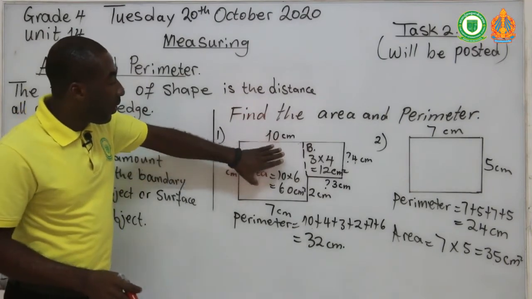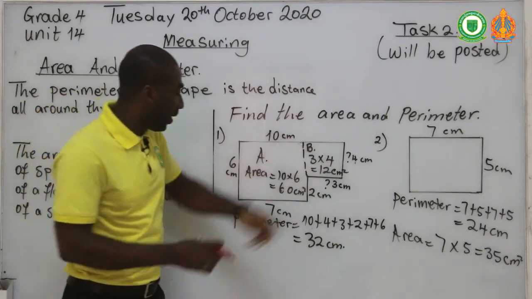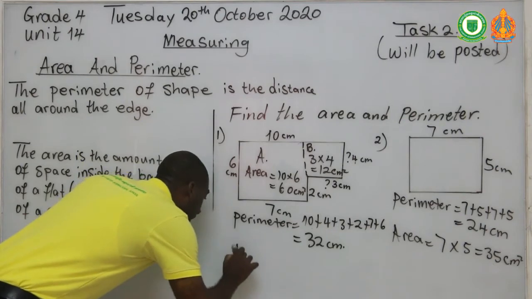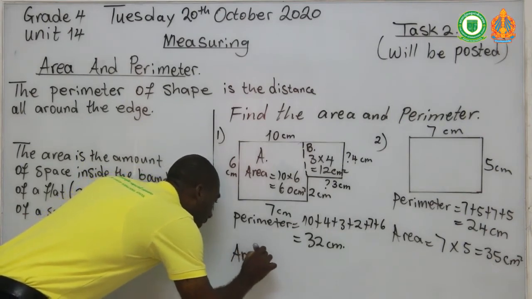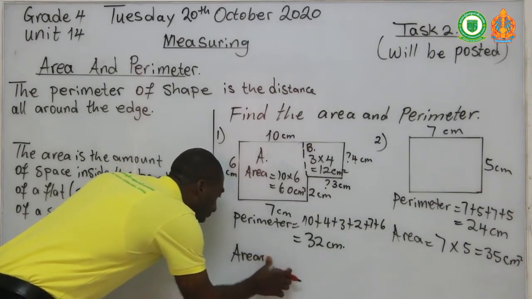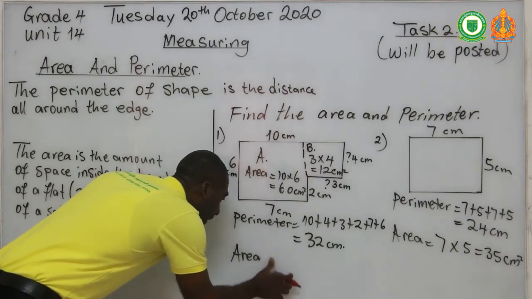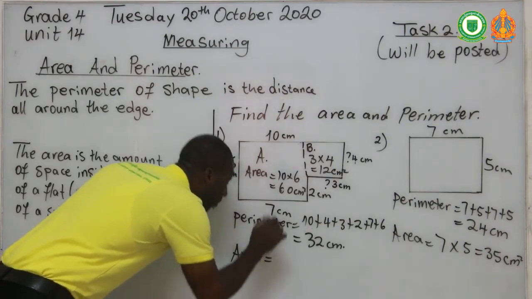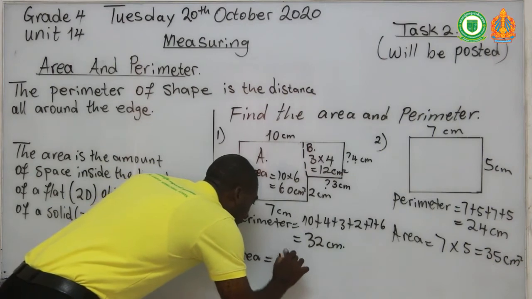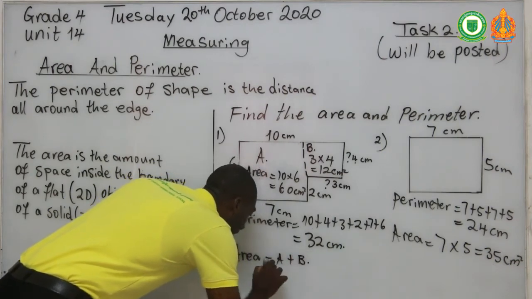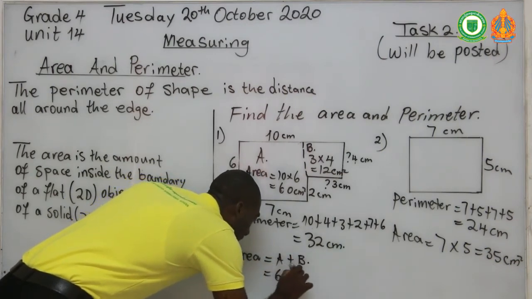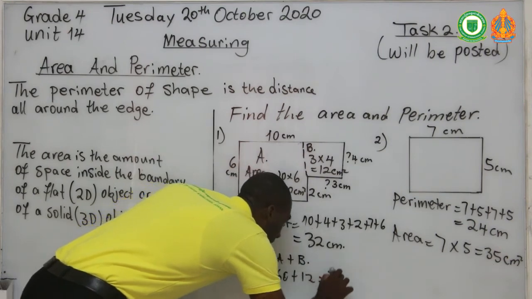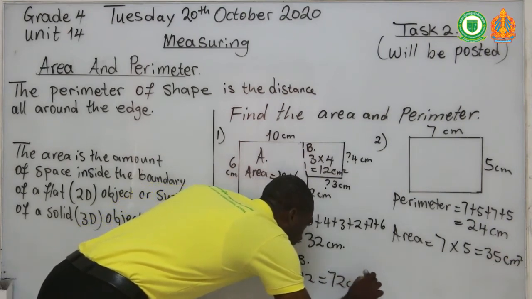Now we have the area of A and B. So we can say our area is equal to A plus B. So that will be 60 plus 12 and equal to 72 centimeter square.